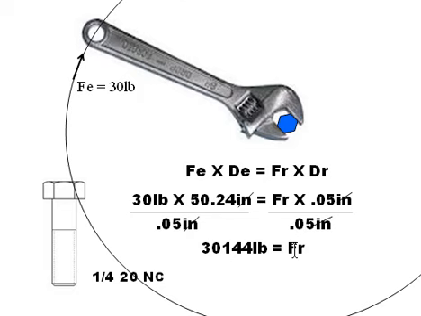So now that we know the force of resistance, we've got to go back and calculate what AMA is. We know the force of resistance is 30,144, and we simply divide it by our force of effort of 30 pounds, and that'll give us our actual mechanical advantage. So we set it up again.